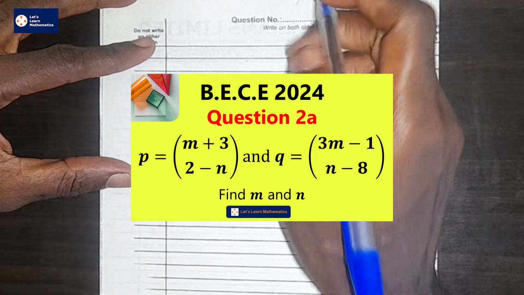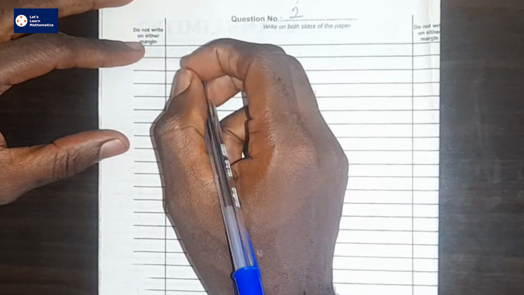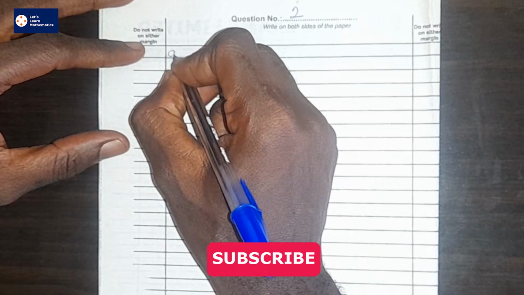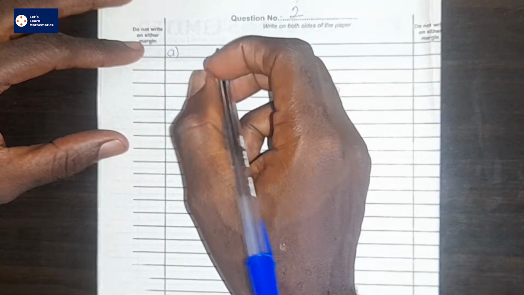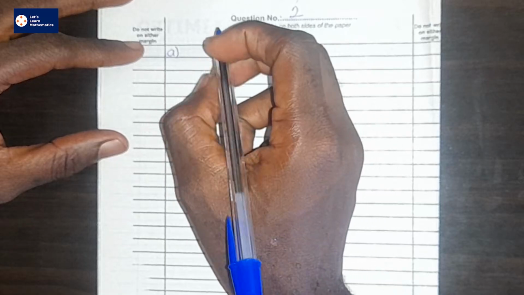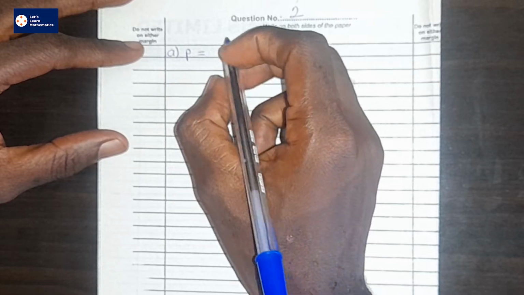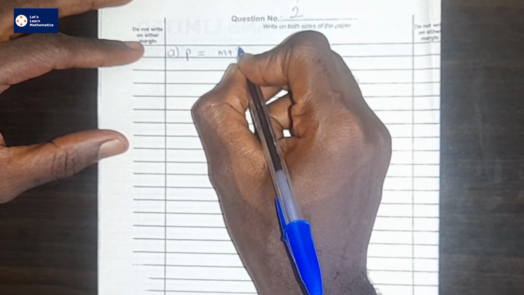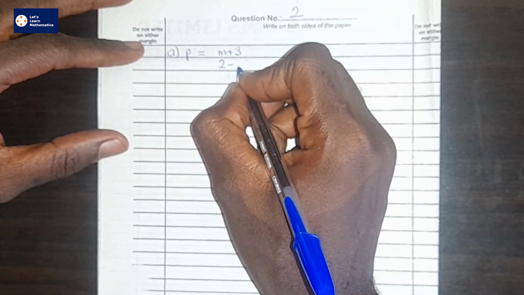First of all, I'll write my question number, which is 2, and then this is question 2a, so I'll write the a on the side. And the data from the question: the first is vector p. Vector p is giving us (m plus 3, 2 minus n).